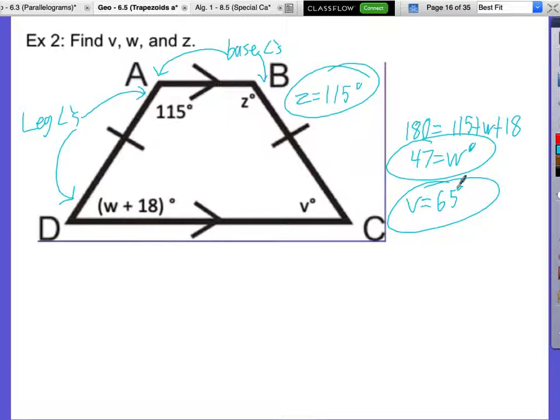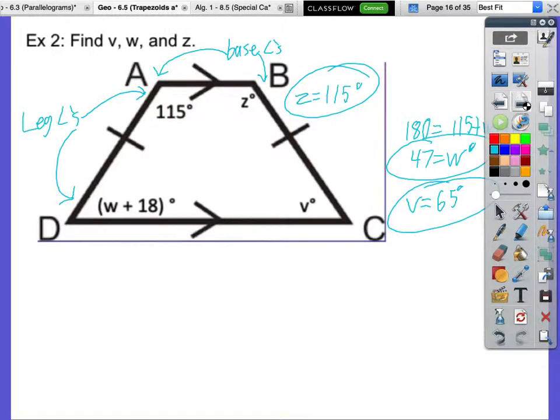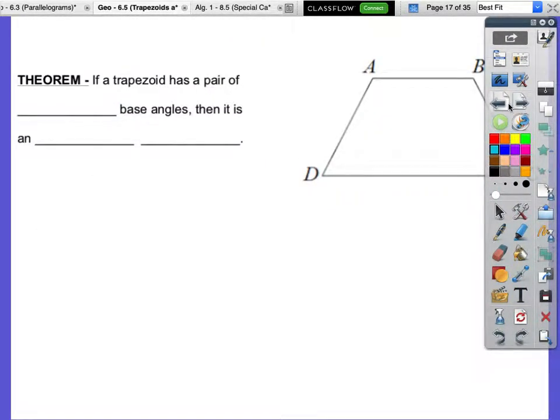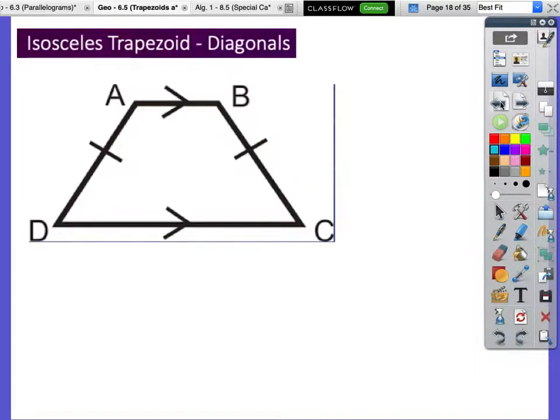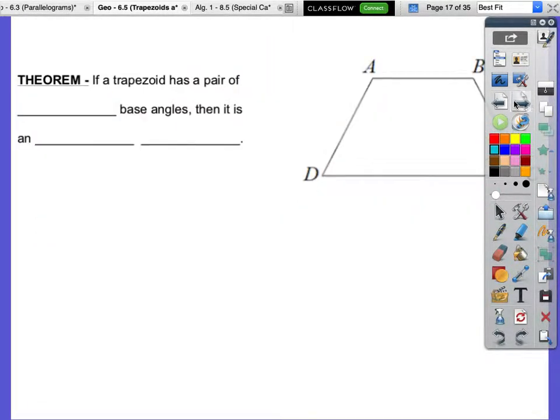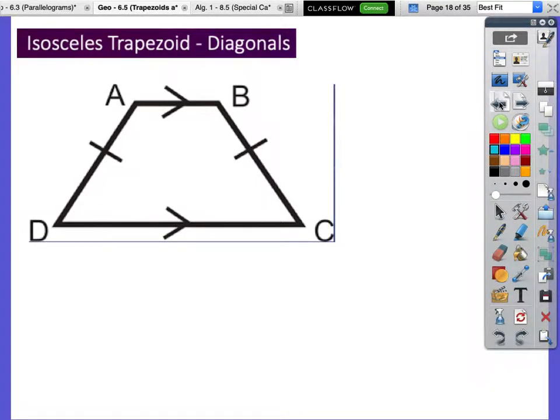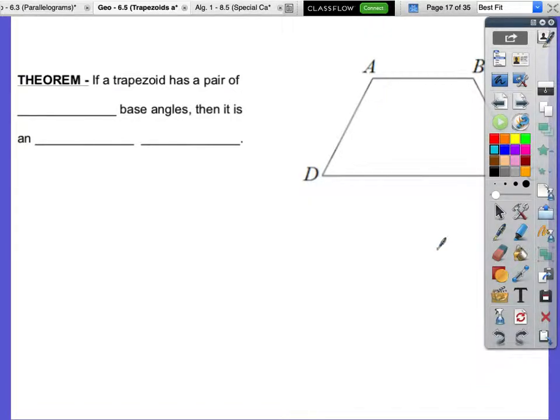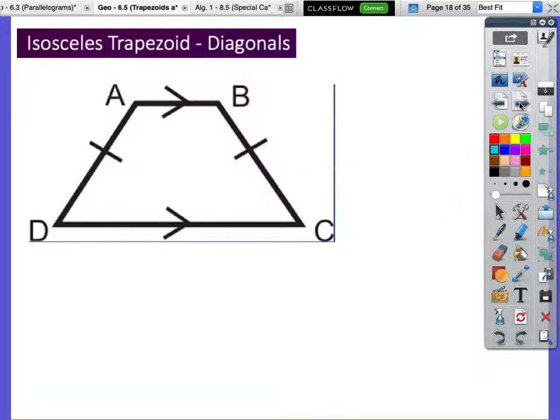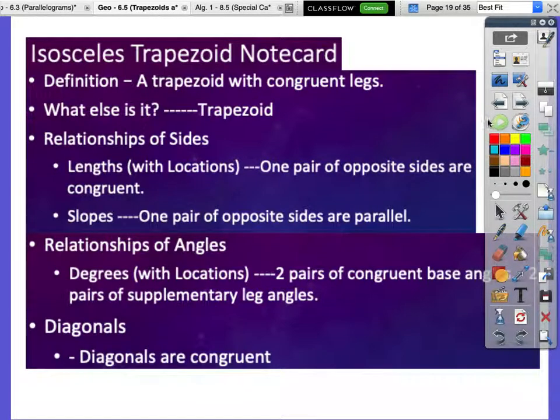Okay, let's go back to our note card. Get those diagonals. You're killing me, Smalls. I have this on here. Let's put this on the note card instead. Did I skip that? Where did I put it? I ordered this really weirdly. I'm going to go back to how I want it to be instead.